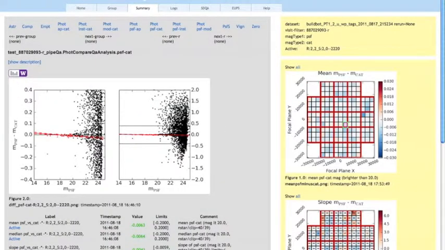So these static views are only so good. It is really nice to be able to actually interact with the data, and so this is where ASCOT comes in, and this is the ASCOT button. It actually does a query against the LSST databases on the back end and retrieves the data and the imagery so that you can see the two in context, both in parameter space and in image space.